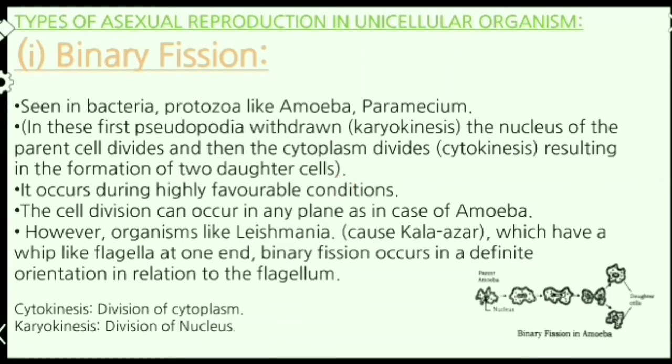This is the basic process behind binary fission. The division of cytoplasm is termed as cytokinesis, and the division of nucleus is termed as karyokinesis. This binary fission occurs during highly favorable conditions.